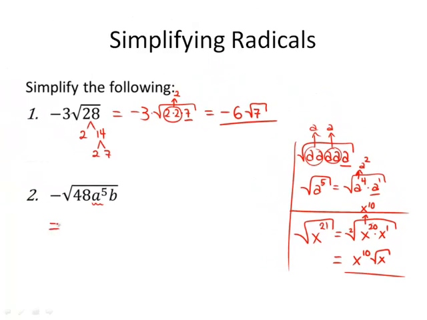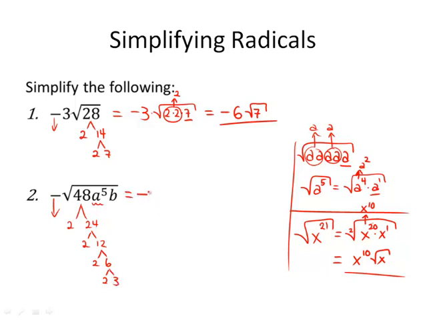So let's continue on. So here, there's a negative out front, and this negative just hangs out, just like this one did. Let's see if we can rewrite 48 into smaller factors. So 2 times 24, 24 is 2 times 12, 12 is 2 times 6, 6 is 2 times 3.